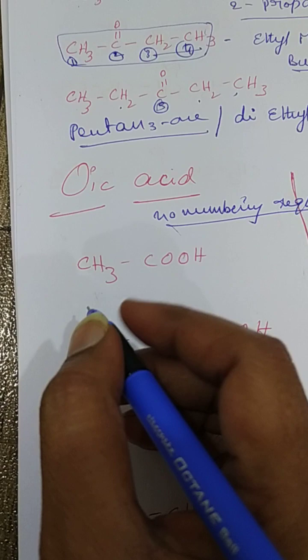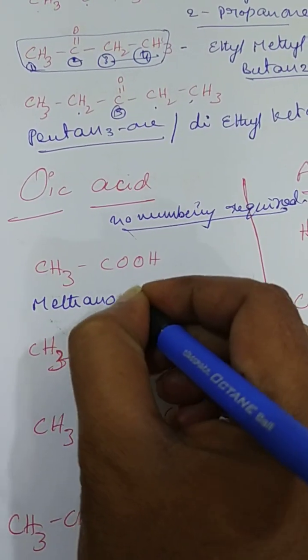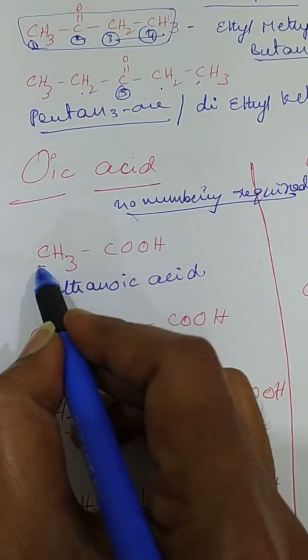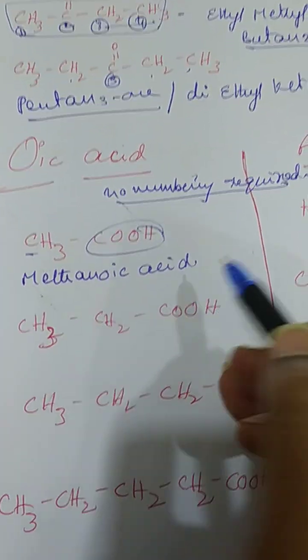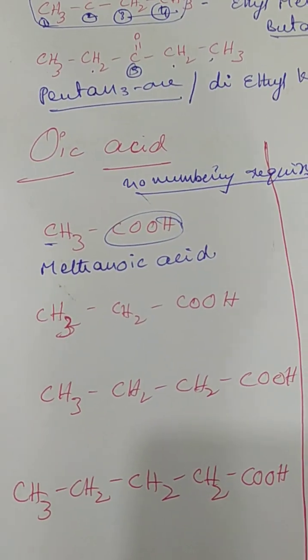This is called meth- and -oic acid: one carbon, methane, and -oic acid, methanoic acid. So this is very simple.